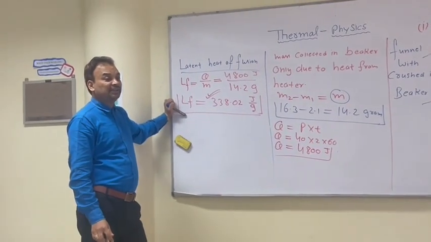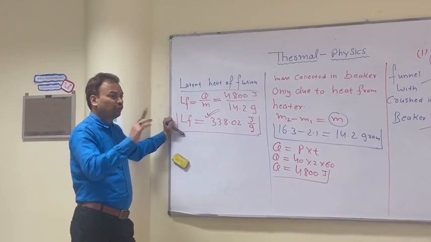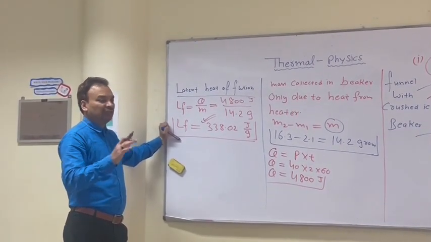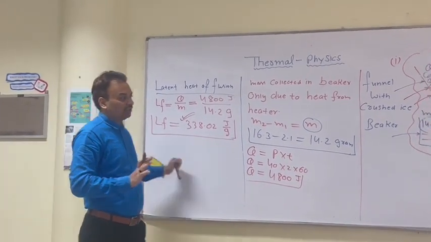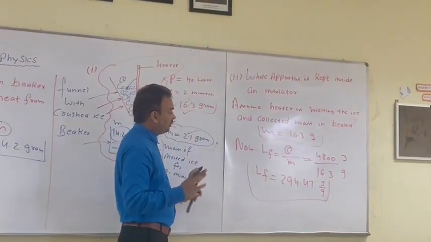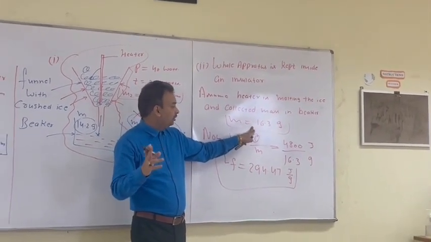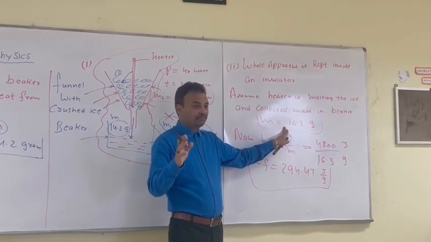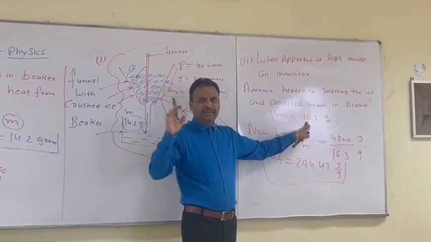But if we cut off the ice from the surrounding, then the effect of the surrounding will not be there. And in that case, if we assume the heater is of the same wattage and is allowed to melt the ice again for 2 minutes, and assume again the collected mass is 16.3 gram, that will be less than the previous case.